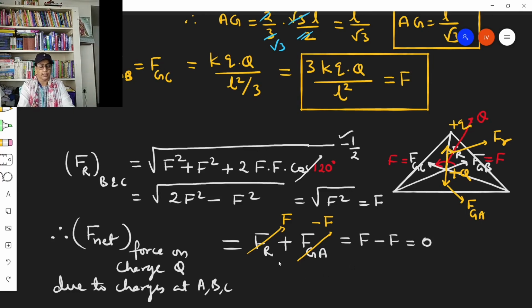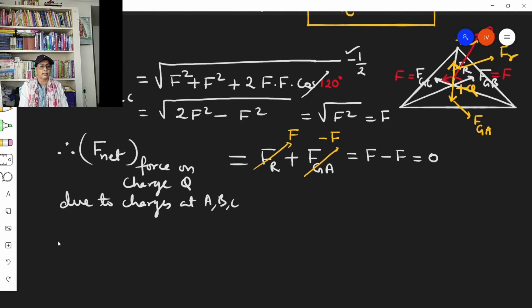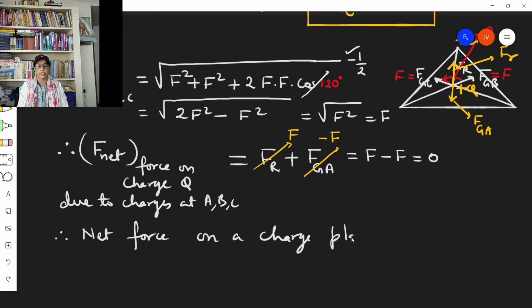So here we can give a conclusion that therefore the net force on a charge which is placed in a symmetrical distribution.